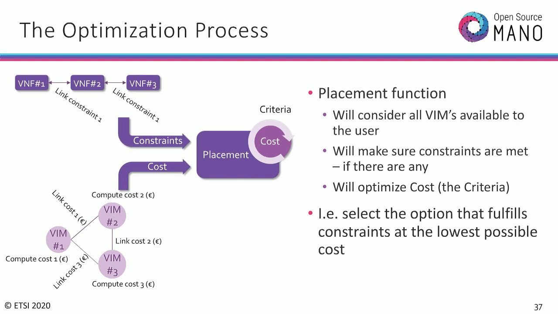This cost input is a configuration file that you give to OSM. And then, once you have that, the optimization criteria is about cost, to achieve the link constraints in the most cost optimal way. So that is what the feature will do, basically.